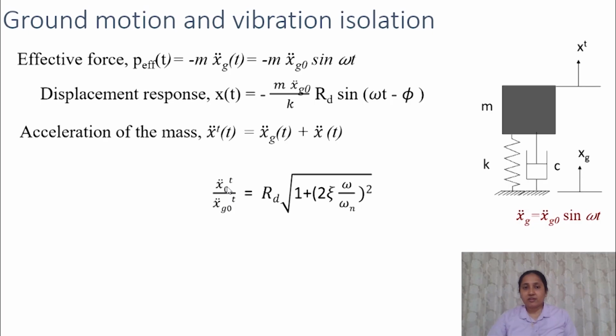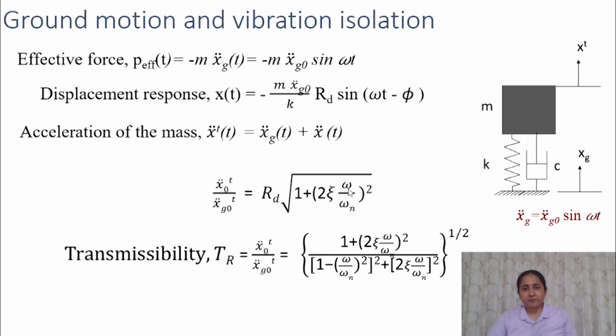So we can find the ratio of the total acceleration of this mass to the ground acceleration amplitude. And that can be calculated from this expression as Rd times square root of 1 plus (2 zeta frequency ratio) square. This is similar to the force transmissibility which we have seen earlier.